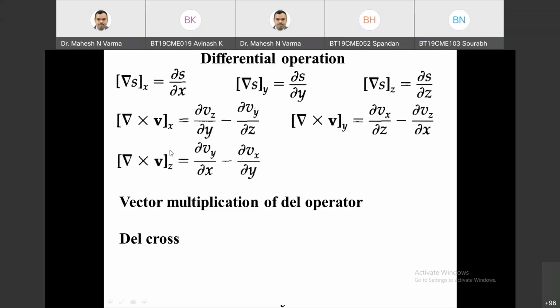To remember it easily, remember the cycle x, y, z, minus, and the reverse of this. Similarly you can see x, y, z is the cycle, and actually this cycle will move like this. So you can obtain del cross vector very easily.